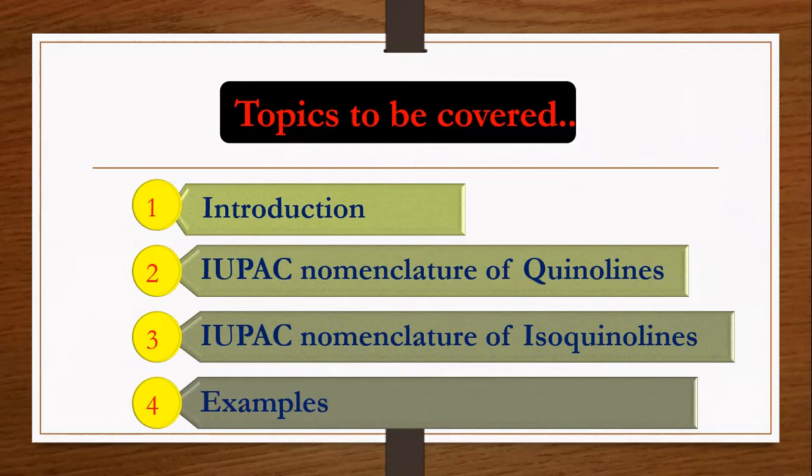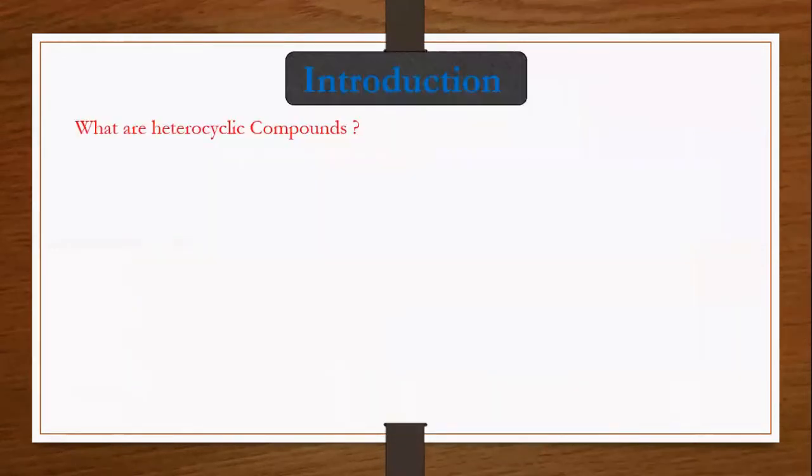Now, as all of you know, these quinoline and isoquinoline are heterocyclic compounds. The question comes in mind that what are heterocyclic compounds?